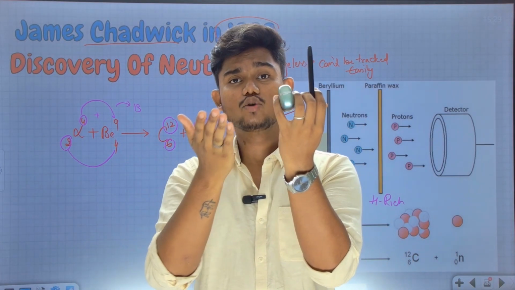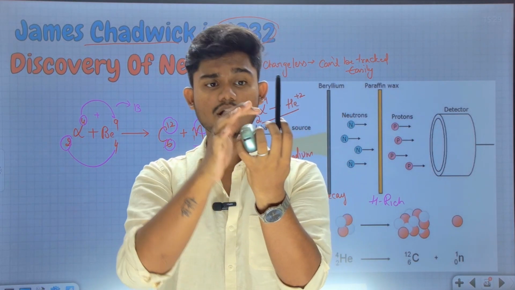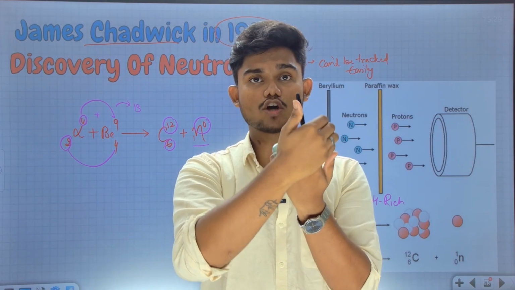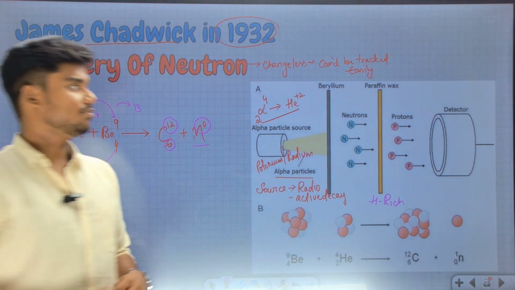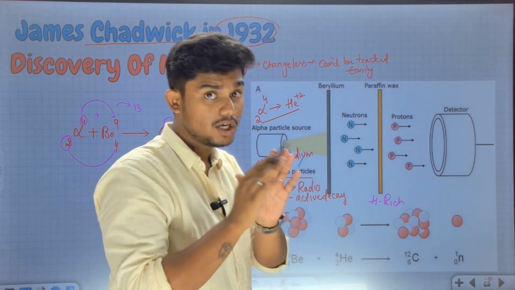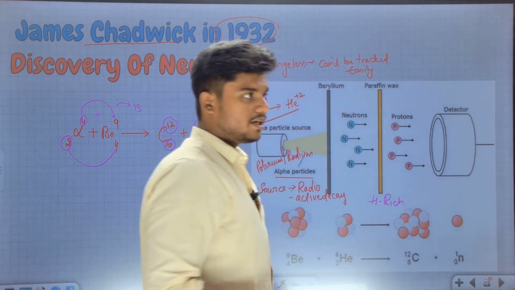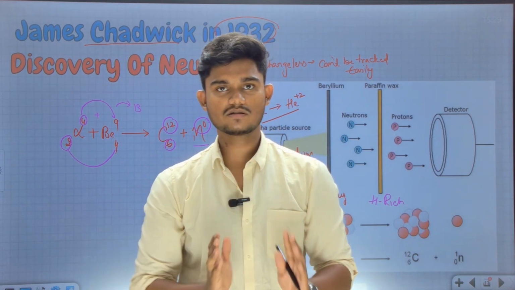When alpha particles bombard the beryllium sheet, the neutrons immediately bombard the paraffin wax, knocking off some protons. If there were no neutrons present, then protons would not be detected.